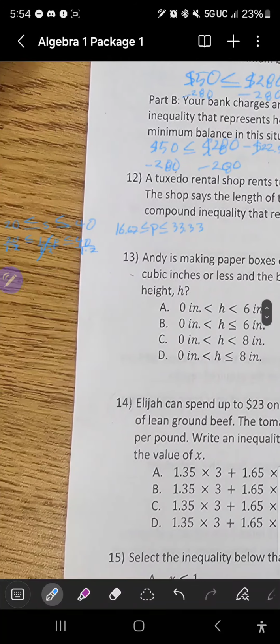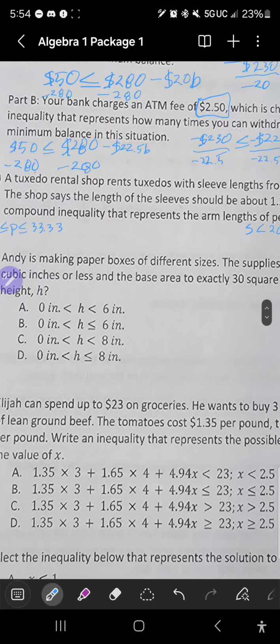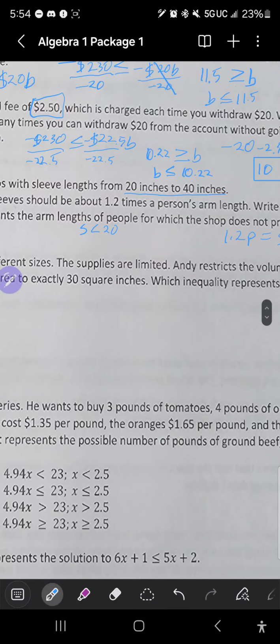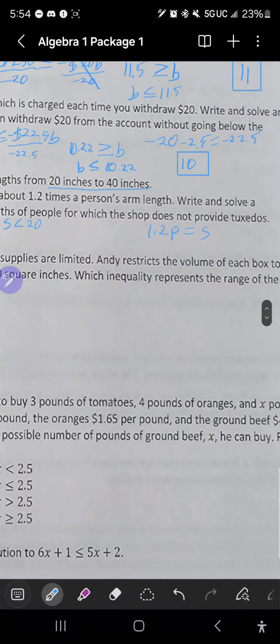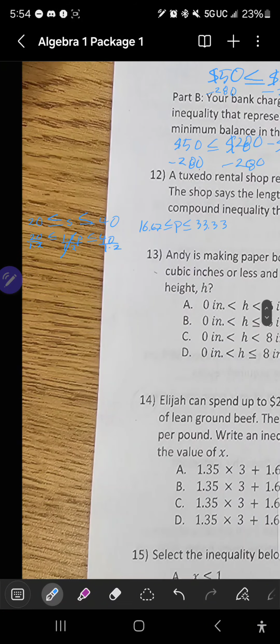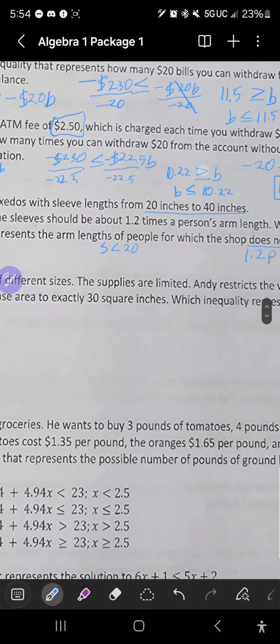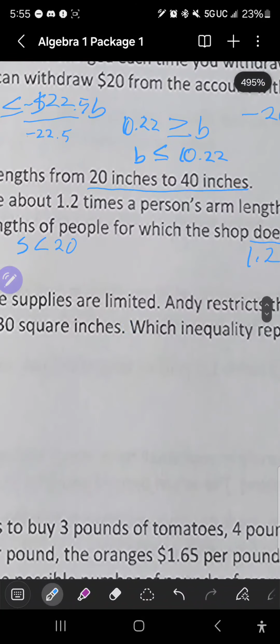This is saying write and solve a compound inequality that represents the arm lengths for people for which the shop does not provide tuxedos. So we actually know that the shop provides tuxedos for these people, the ones we calculated before. So we now want the people who do not have a sleeve length less than 20 nor greater than 40.